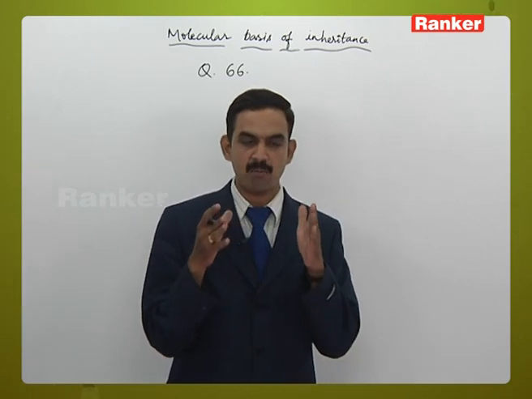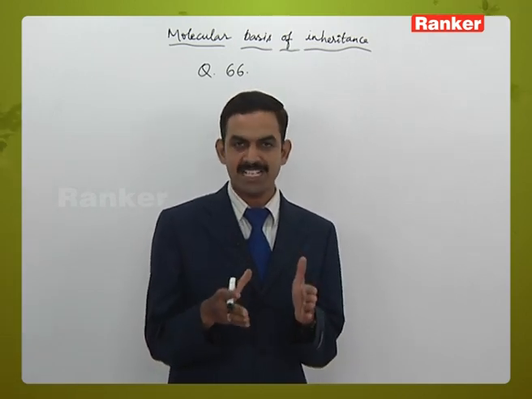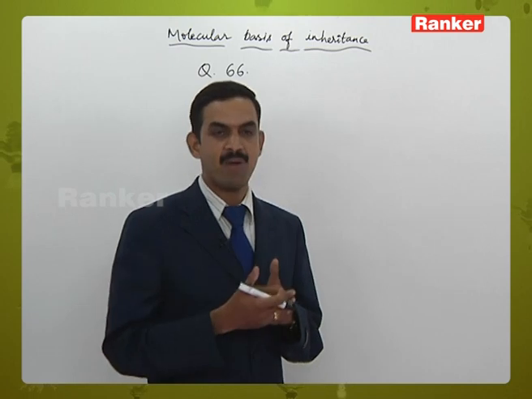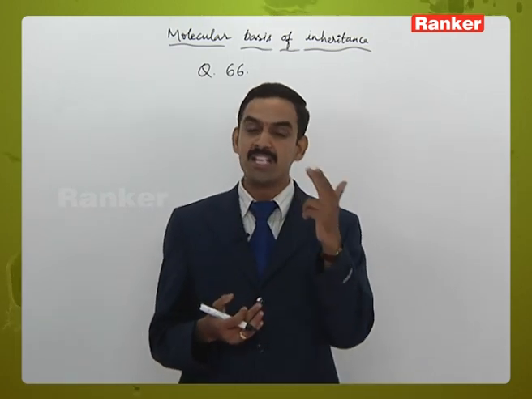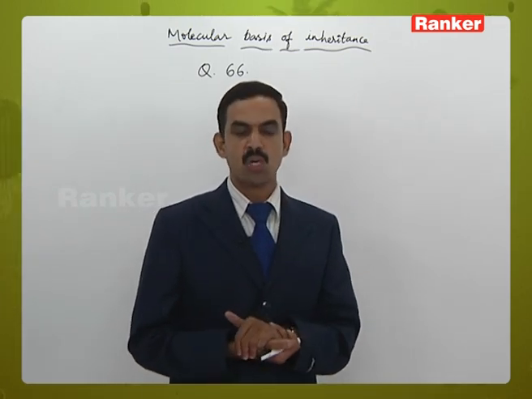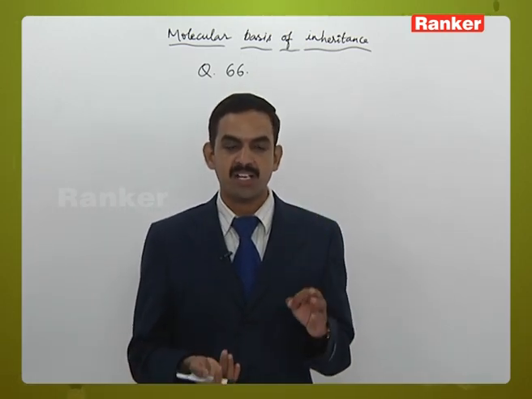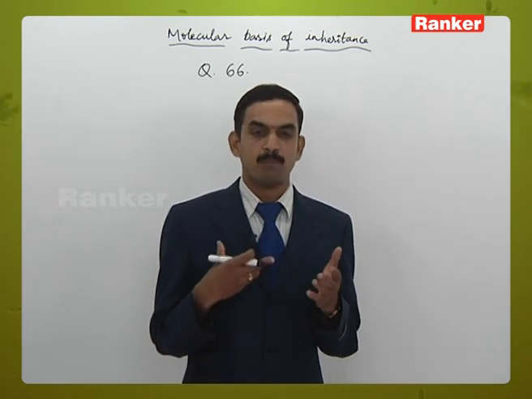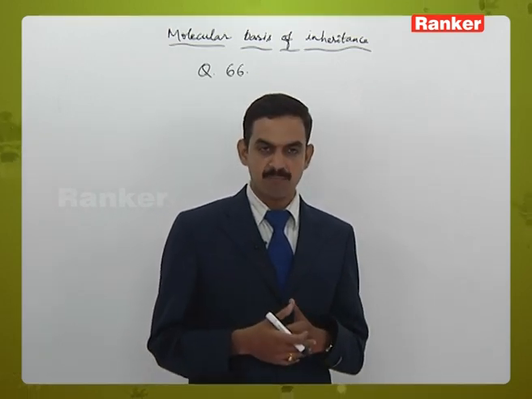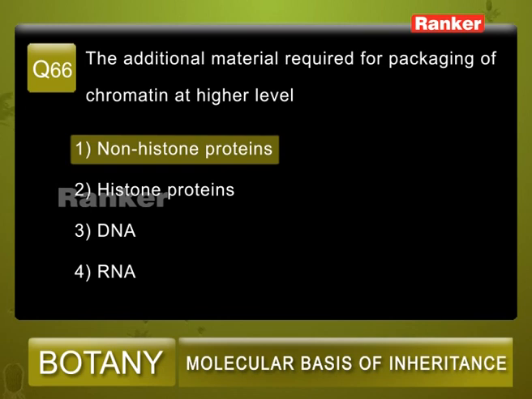That is the normal packing of the chromatin material. If additional packing is required, non-histone proteins are useful. So from the options, non-histone proteins are required for the packaging of chromatin at higher levels. So question number 66, the correct answer is 1.